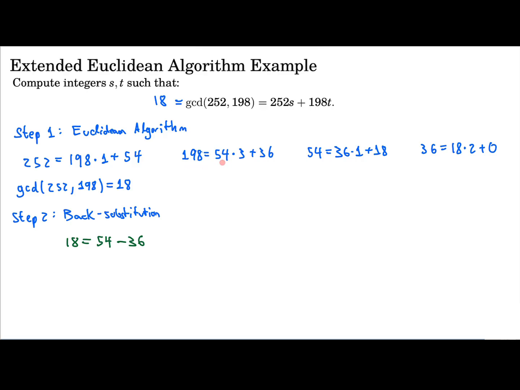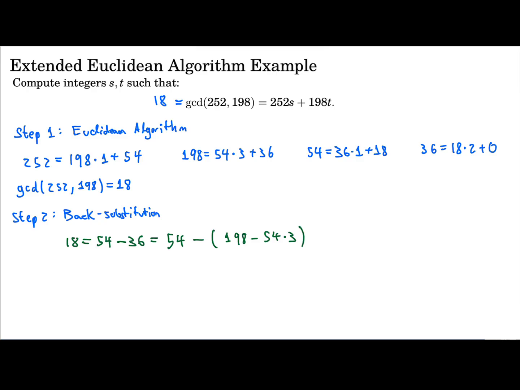So this will be equal to 54 minus, in parentheses, 198 minus 54 times 3, right?